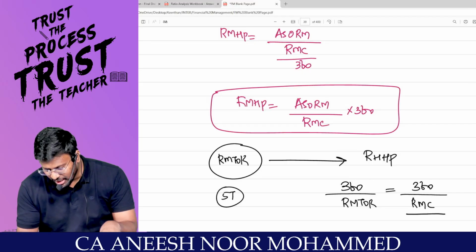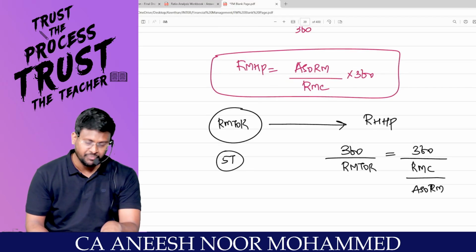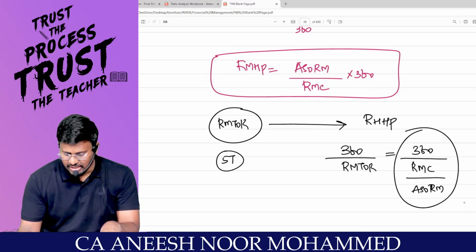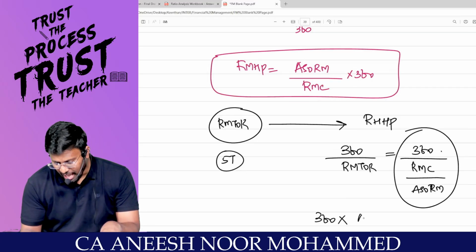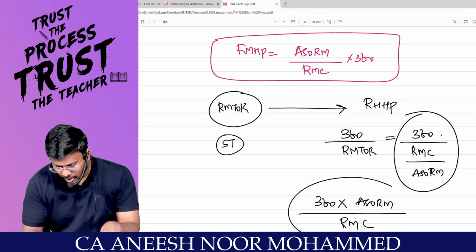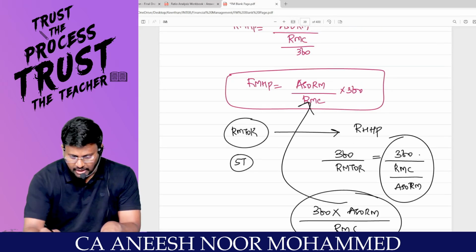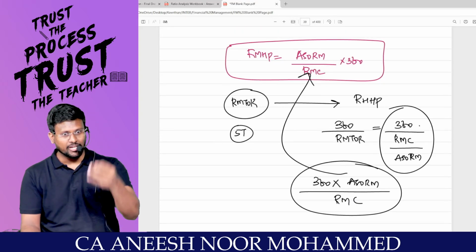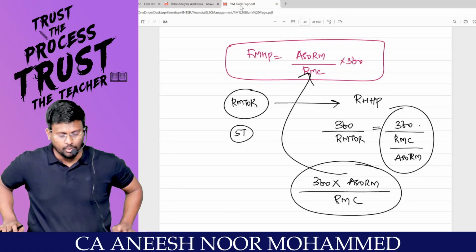Raw material consumed divided by average stock of raw material. Are you with me? If I reverse this, 360 into average stock of raw material divided by raw material consumed. Hence proved. Are you really with me? This is how it is working. Derivation of the formula.